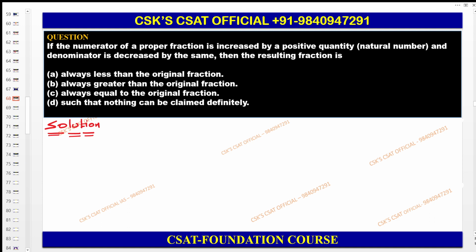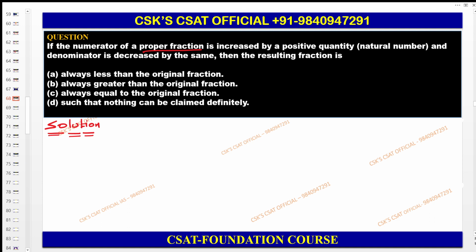Take a proper fraction, that is the keyword provided here. What do you mean by a proper fraction? A proper fraction means the numerator is lesser than the denominator. When the numerator is lesser than the denominator, you can call that a proper fraction.